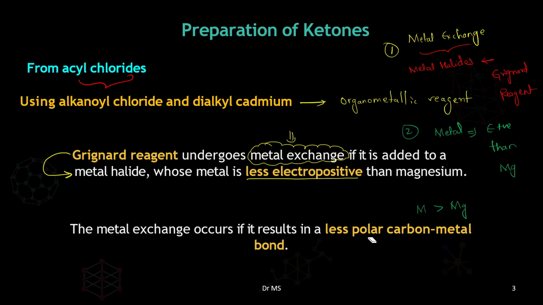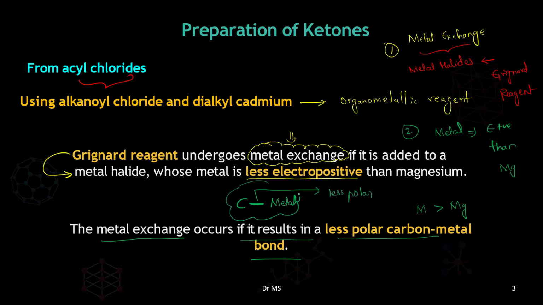Metal exchange occurs if it results in a less polar carbon metal bond. That means the reaction is favorable when it forms a product that shows a less polar carbon metal bond.